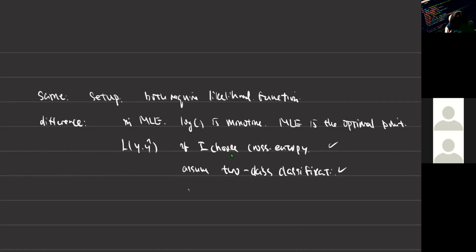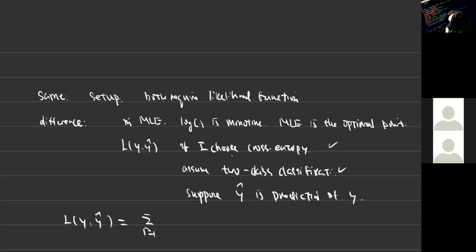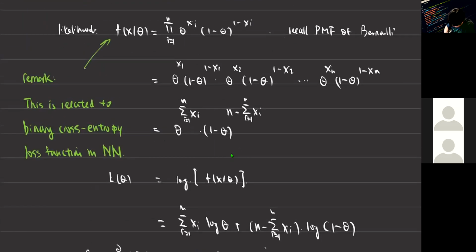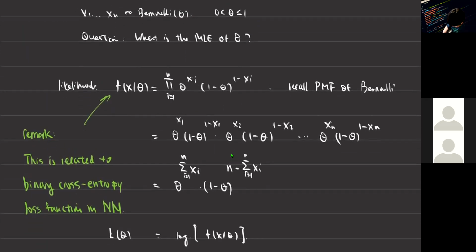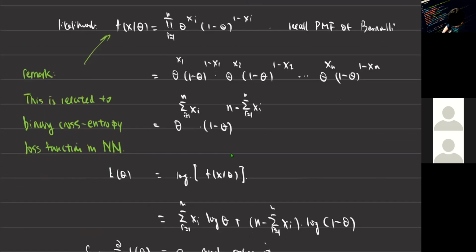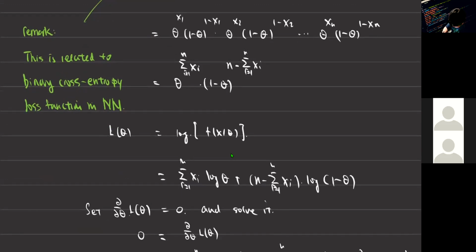Suppose y hat is the prediction of y. Let me make sure that's very clear. Now this loss function can be written as the summation over i from 1 to n. Let's mimic what we're writing up here. So it's this line.